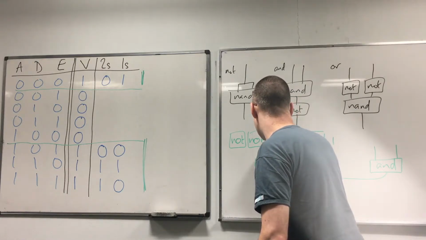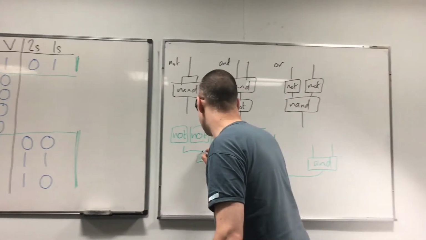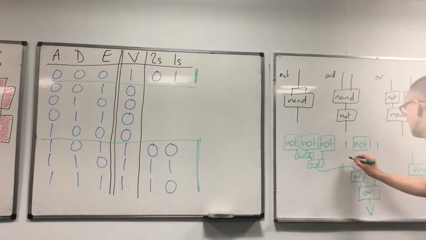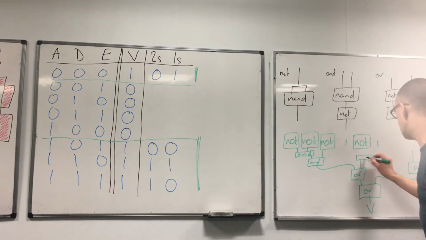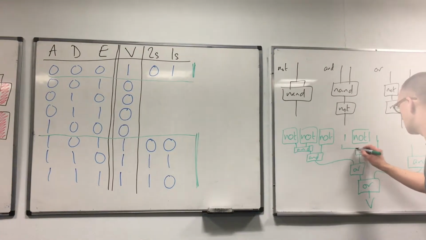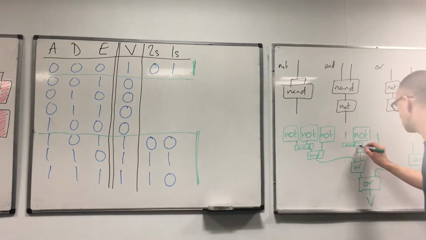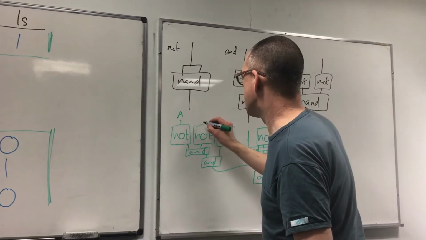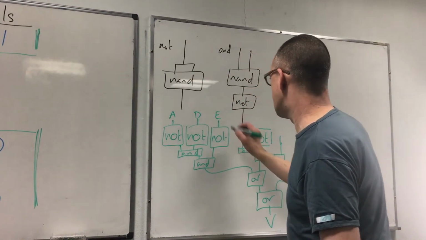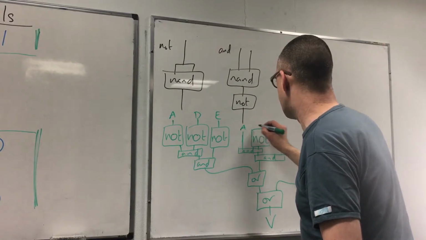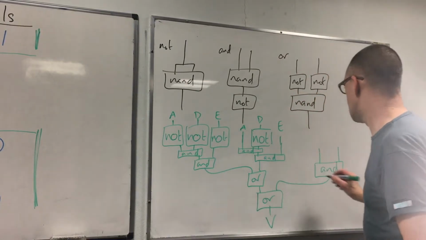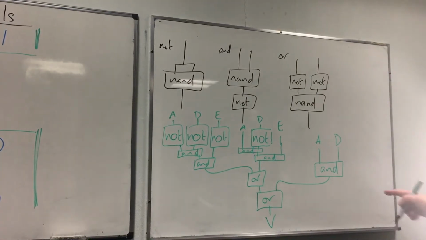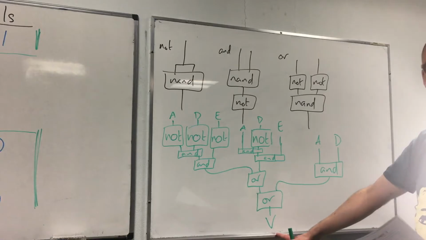And then we AND everything up. Better connect. I'll just write the names of the signals A, D, E, A, D, E, and these were A and D. And we've built our circuit for computing V.